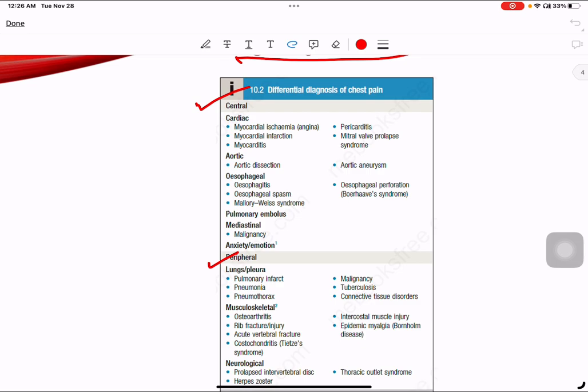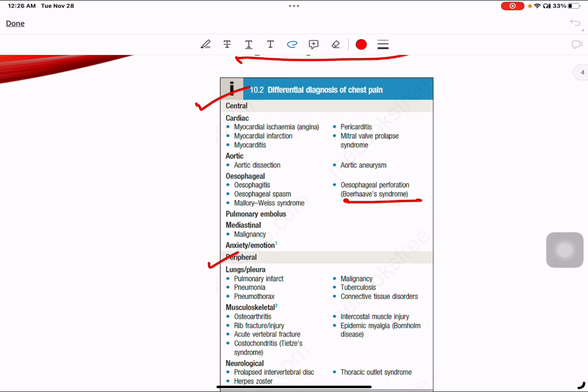Among the cardiac causes, myocardial ischemia, myocardial infarction, myocarditis, pericarditis, and mitral valve prolapse are important. Aortic dissection and aortic aneurysm can have chest pain. Then there are some esophageal causes like esophagitis, esophageal spasm, Mallory-Weiss syndrome, and esophageal perforation, which is also known as Boerhaave syndrome.